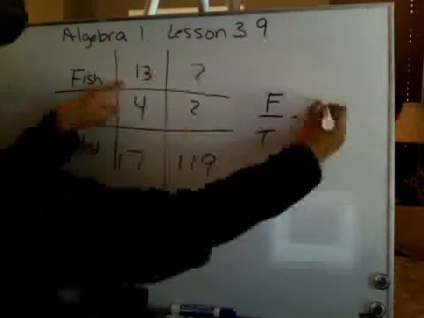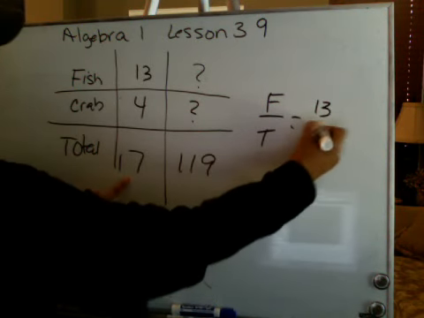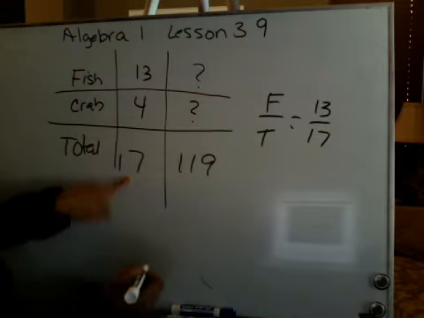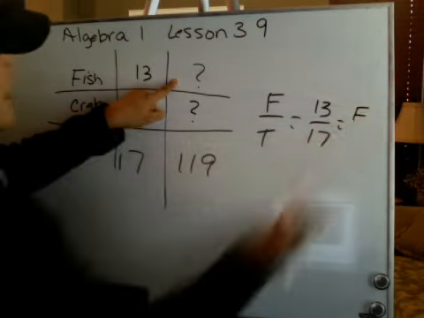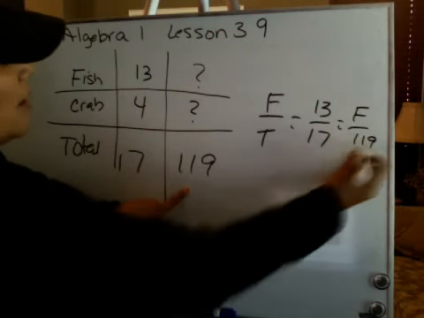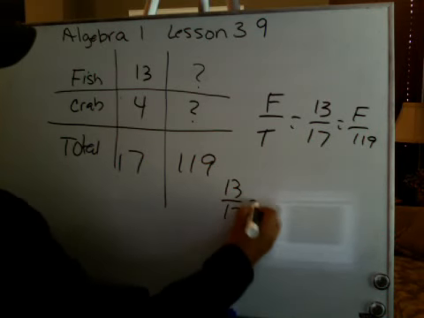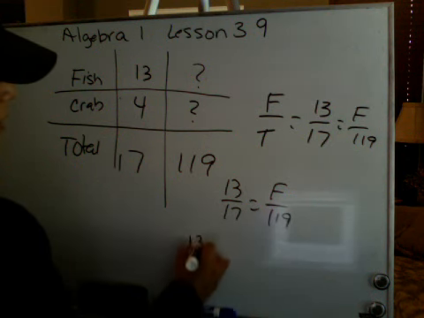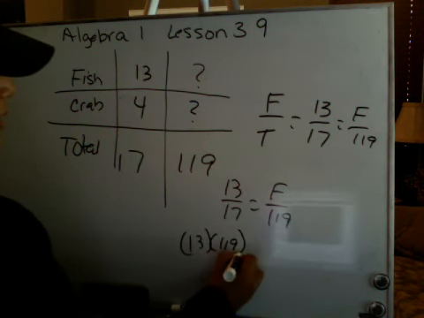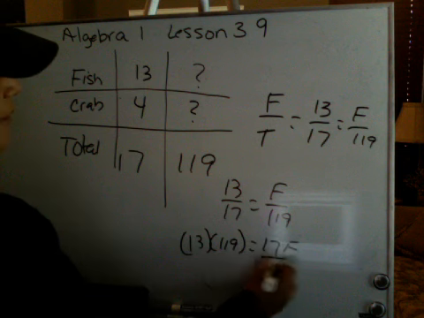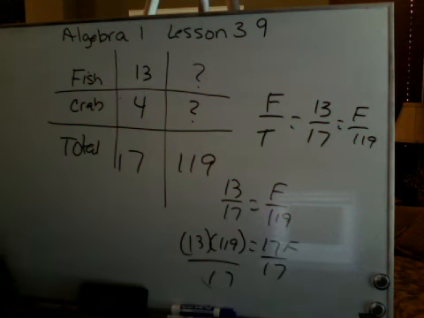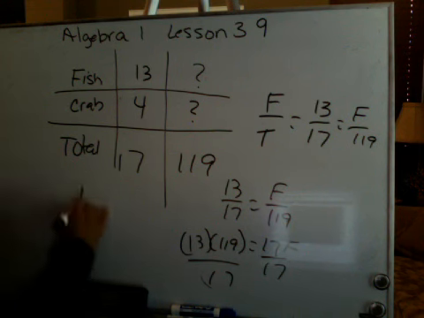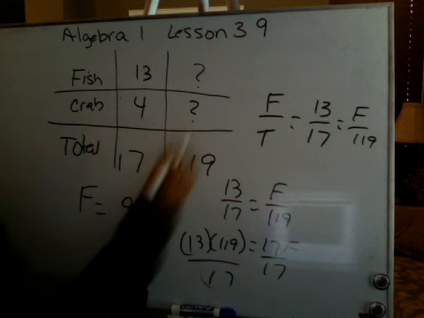So 13 fish to 17 total. We don't know how many fish, but we know there's 119 total. So then you have 13 over 17 equals F to 119, and you do your cross multiplication. 13 times 119 equals 17F, divided by 17. Again, I'm going to cheat and use the book to find that out for you. And you get F equals 91.